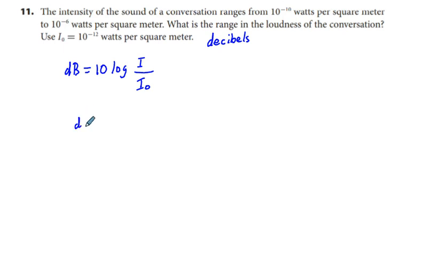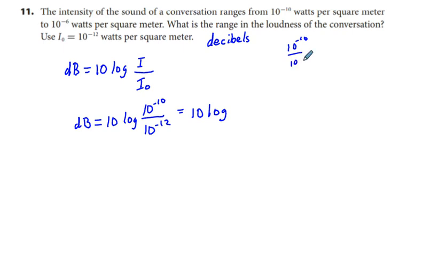For the decibels, we're going to take the first one, 10 log, and take the lower range, 10 to the negative 10th power over 10 to the negative 12th power. This is equal to 10 log of 10 to the negative 10th divided by 10 to the negative 12th.